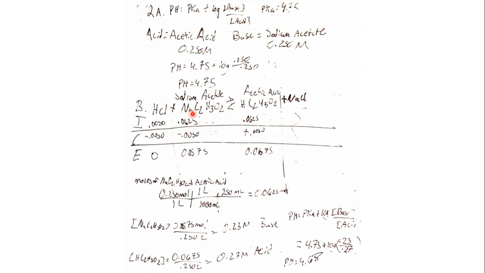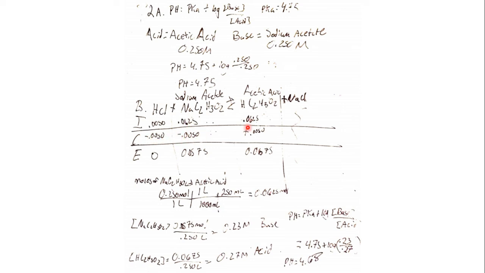Now, an acid and a base react completely. So whatever runs out first, or whatever your smallest number is, is going to go to 0. My moles of HCl is less than my moles of sodium acetate, so I'm going to lose all my HCl. So minus 0.0050. Minus 0.0050.